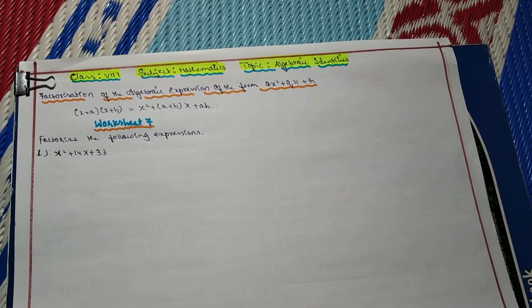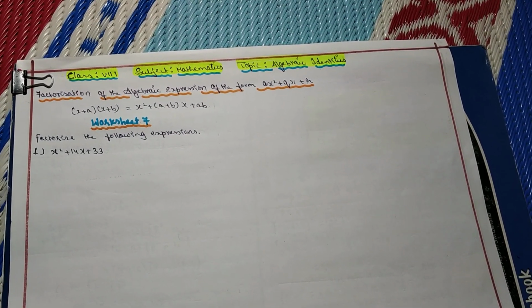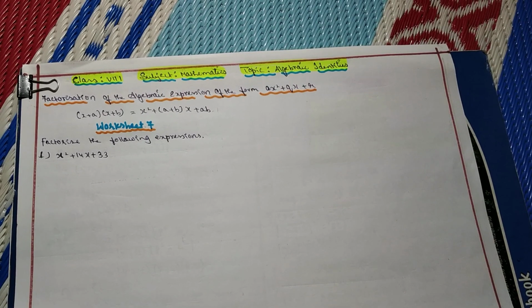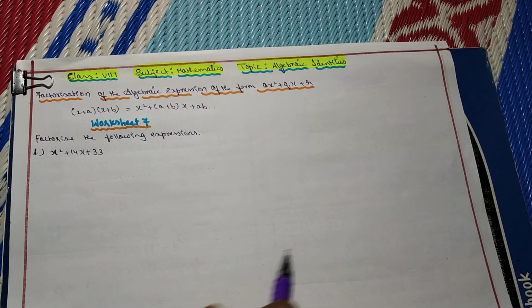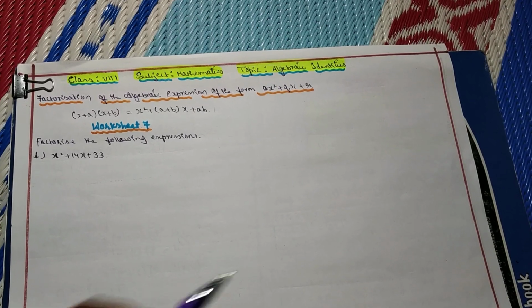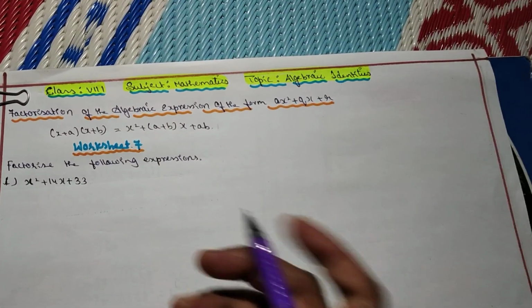So the first question given is x square plus 14x plus 33. Let me explain this concept by solving the questions from worksheet 7, there are 15 questions, children.